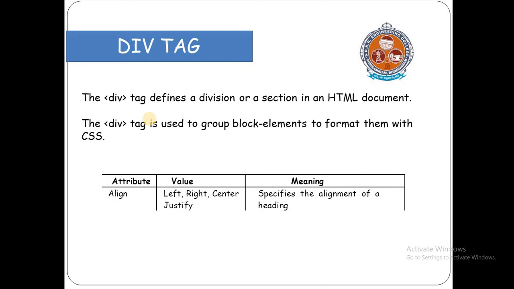This div tag will be useful in CSS. If we give this div tag to some set of properties, the CSS will be very useful and easy. It will be useful mainly for giving properties to a particular section. Similarly, the div tag has an attribute align. It will align to left or right or center.